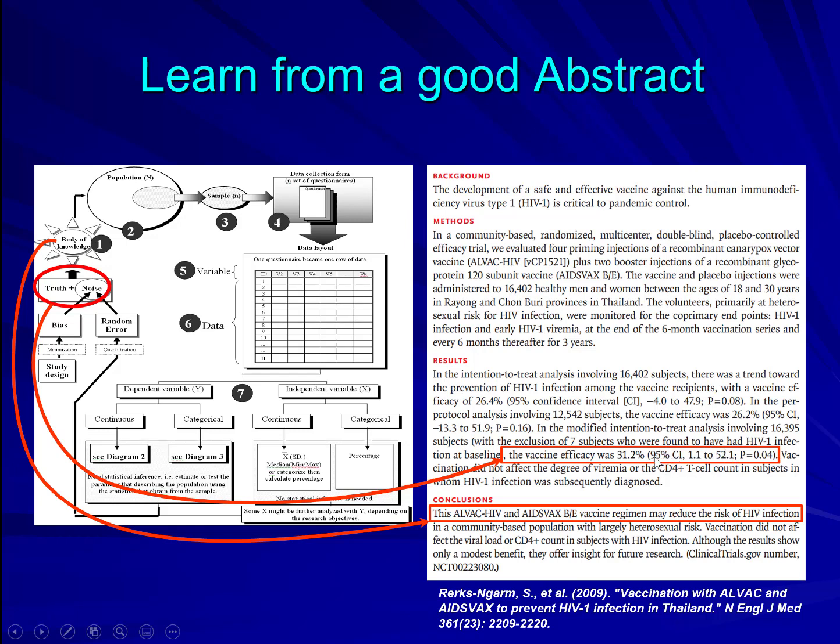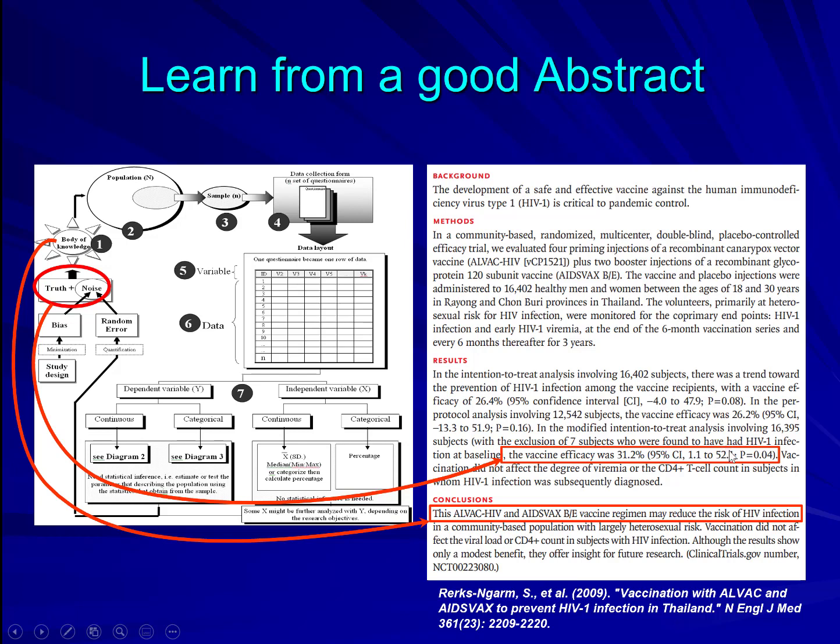We are 95% sure, or confident, that if we use this vaccine in the population, the efficacy could vary from 1% to 52%.